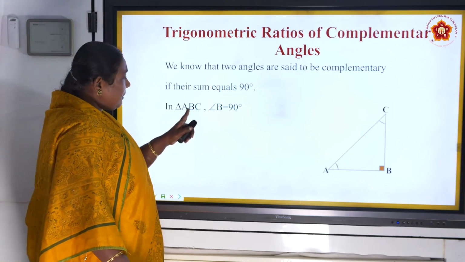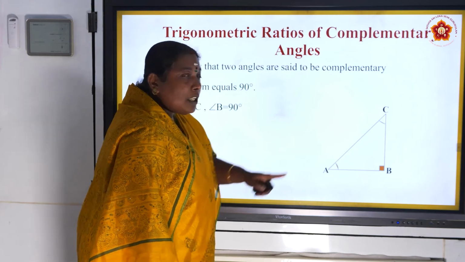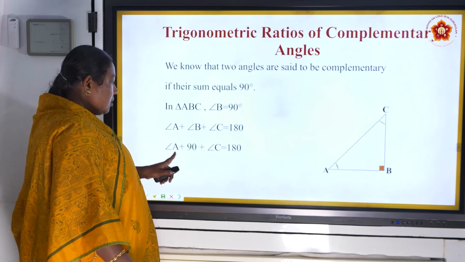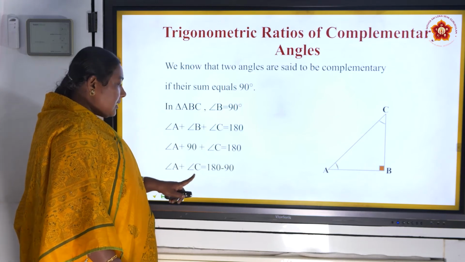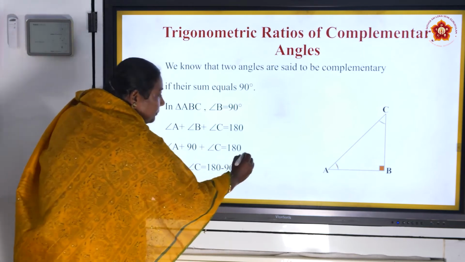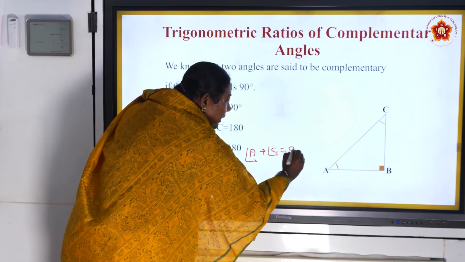In a triangle ABC, angle B is equal to 90, then A plus C should be equal to 90, or else angle A plus angle C is equal to 90.